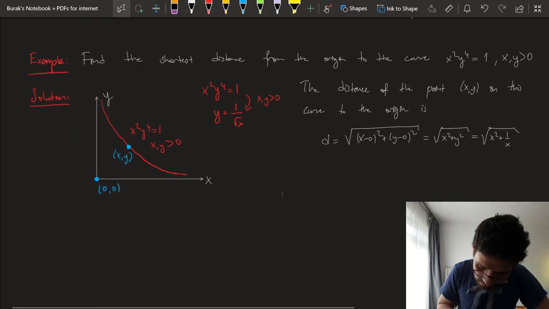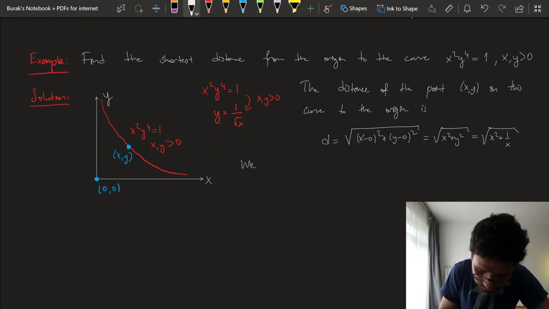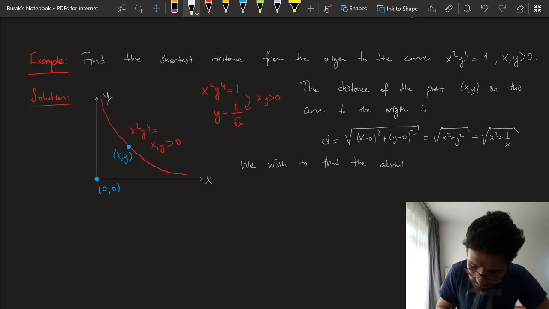So we wish to find the absolute minimum of the function f of x equals the square root of x squared plus 1 over x over the interval 0 to infinity.